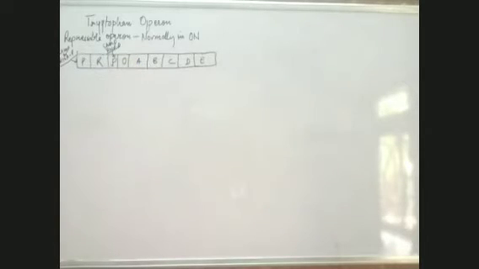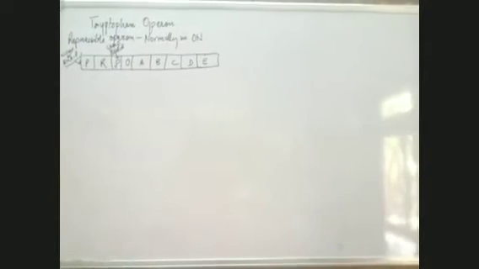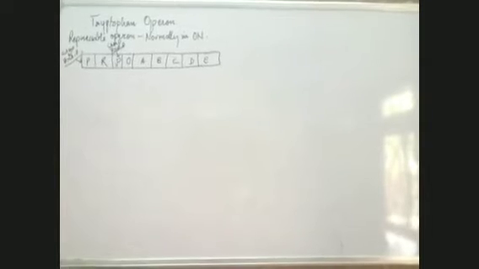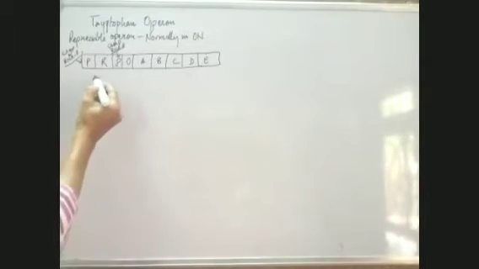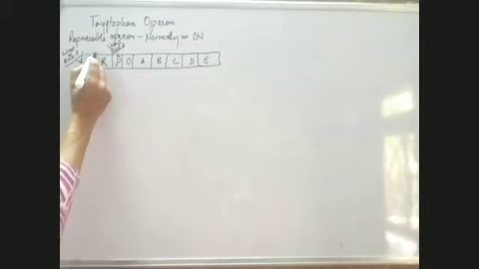Now R is the repressible gene, which is the inhibitory gene, and because it is inhibitory, whatever protein is formed will inhibit the function. Now when this RNA polymerase is attached to this promoter, it slides over this.